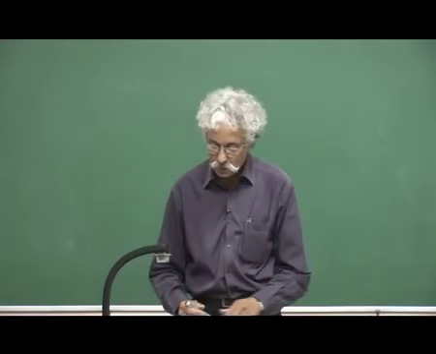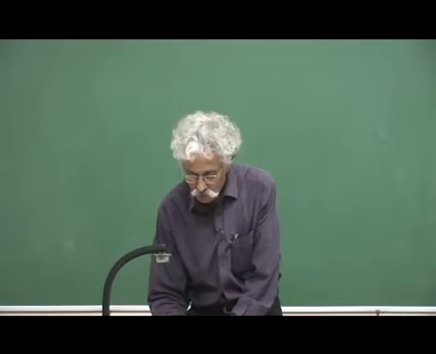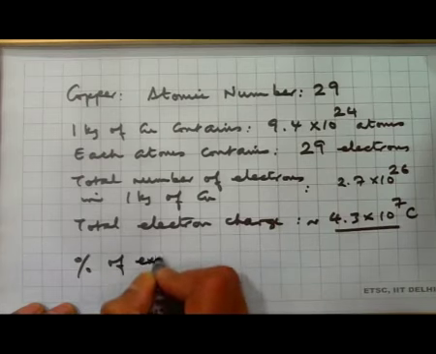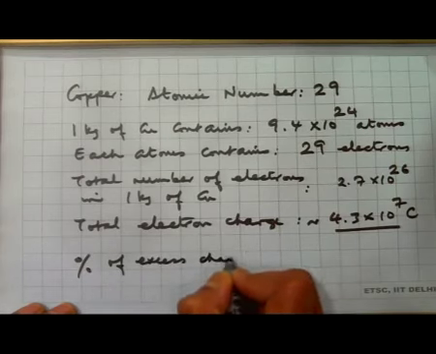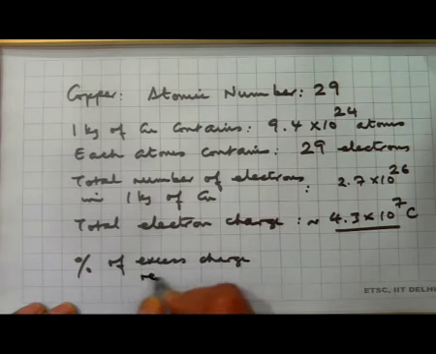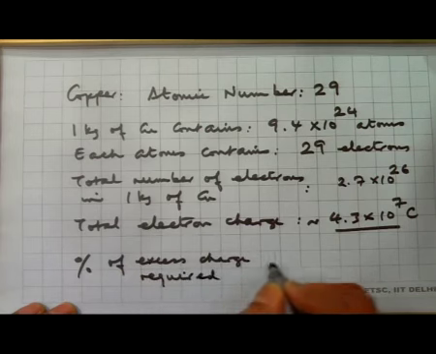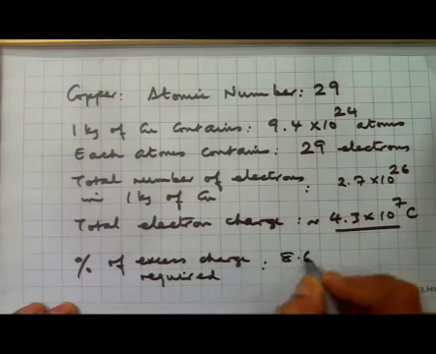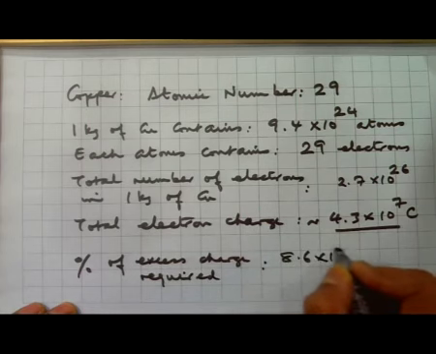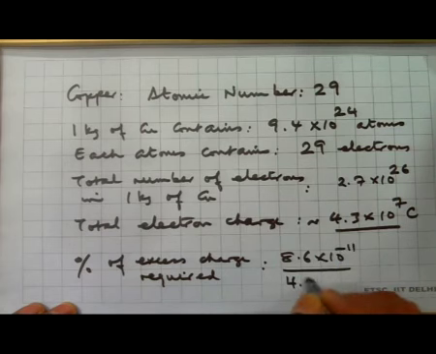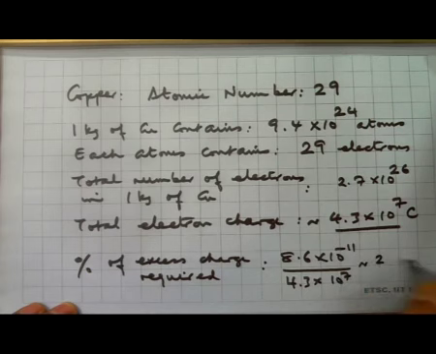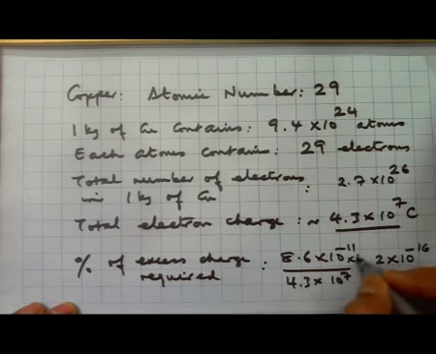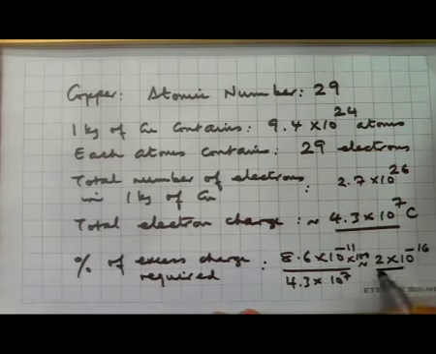So, the percentage of excess charge required is 8.6 10 to the minus 11 divided by 4.3 10 to the power 7, which is about 2 into 10 to the power minus 16, and then I have to multiply by 100 for the percentage.